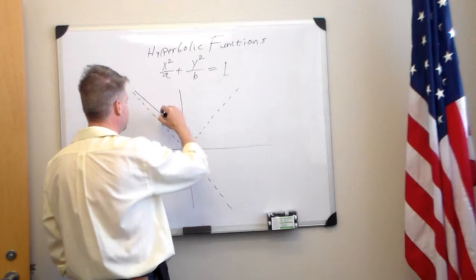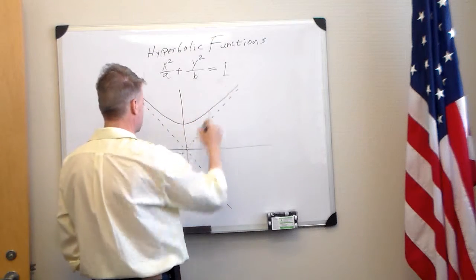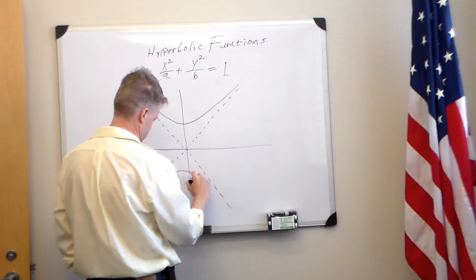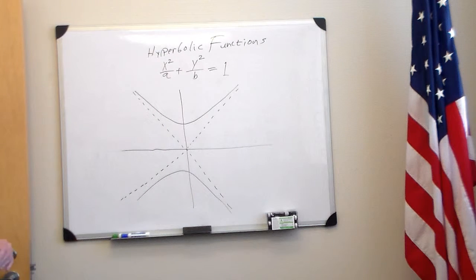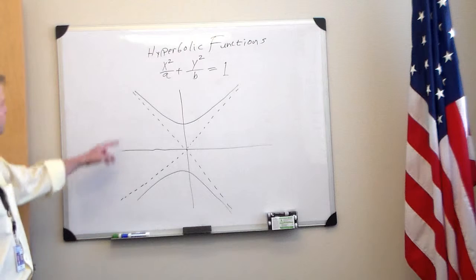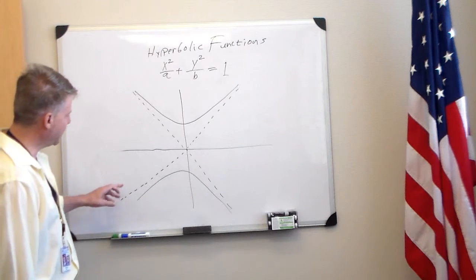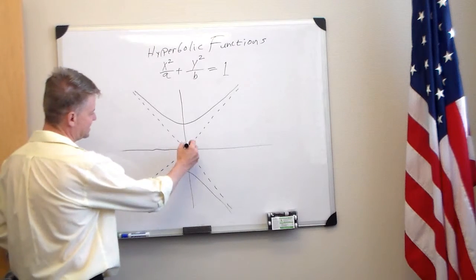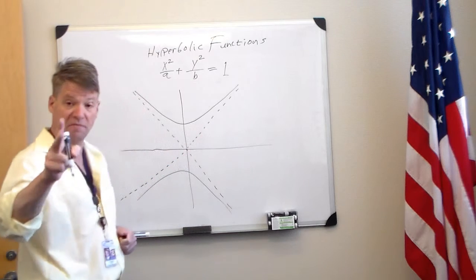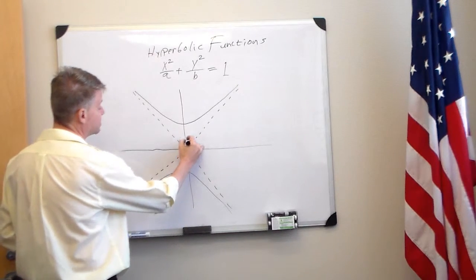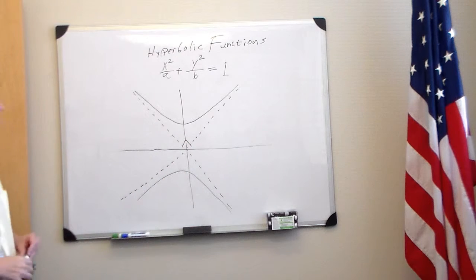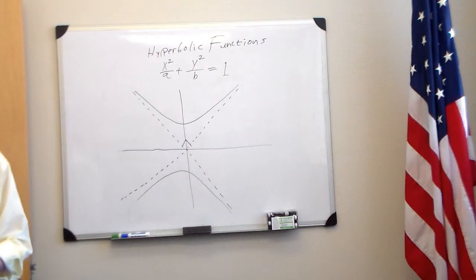And you get a function that looks like this. Again, two sides that are mirror images of one another. They both become asymptotic to not one but two axes. And the two axes it becomes asymptotic to are at right angles.